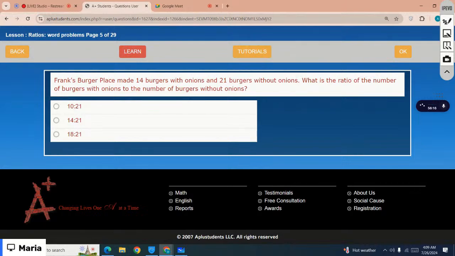Which is the correct option? The correct option is yes, 14 to 21.